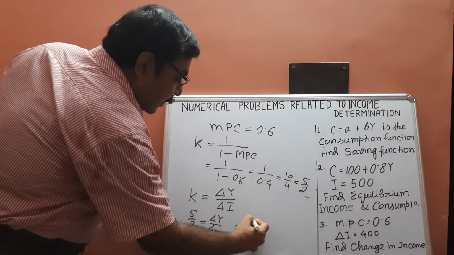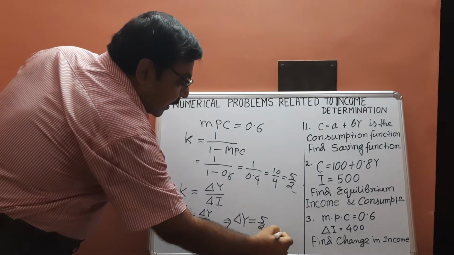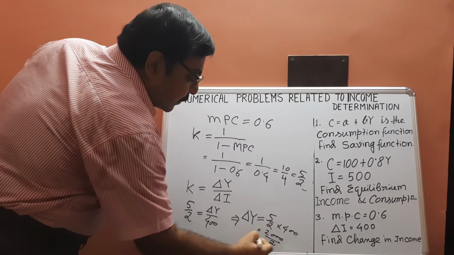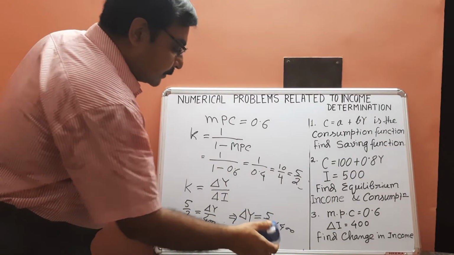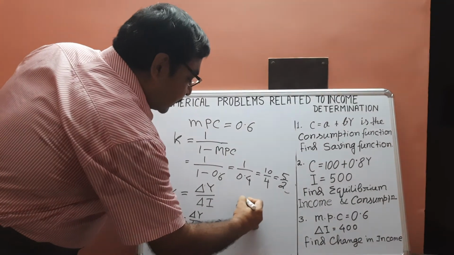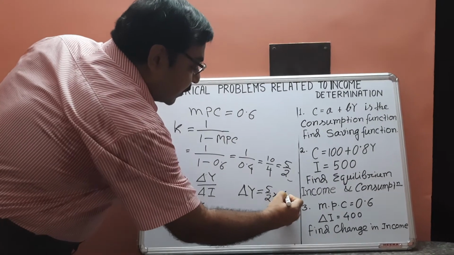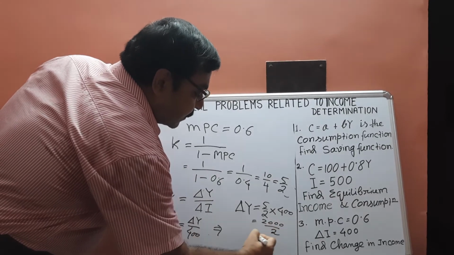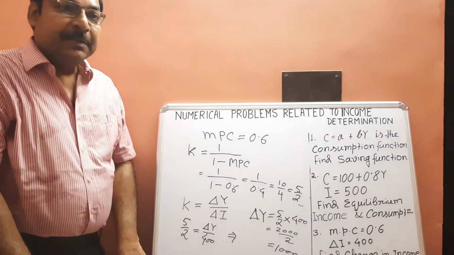So delta Y is equal to 5 by 2 into 400. 2000 by 2 is equal to 1000. Change in income is equal to 1000.